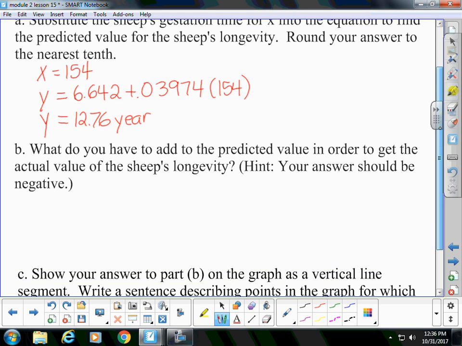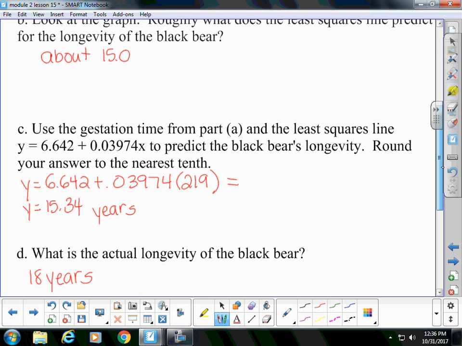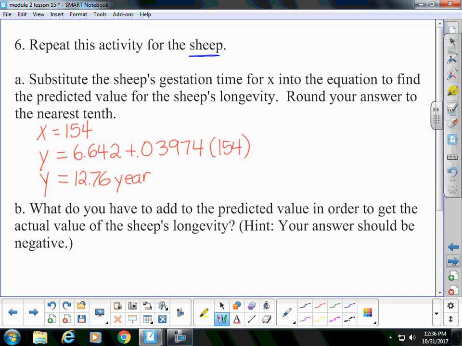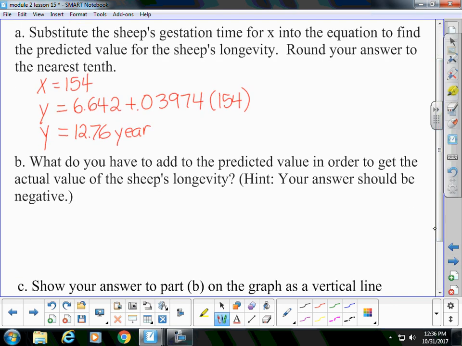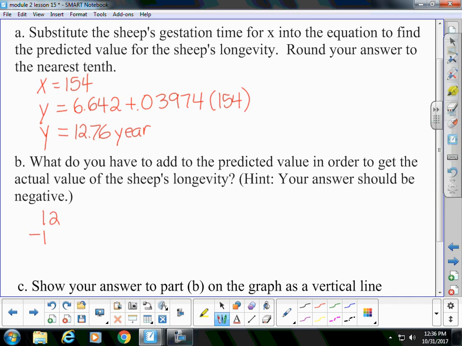That's because if we keep subtracting the same way as yesterday, I subtracted the predicted value from the actual. So here the actual is 12, and I subtract the predicted 12.76.